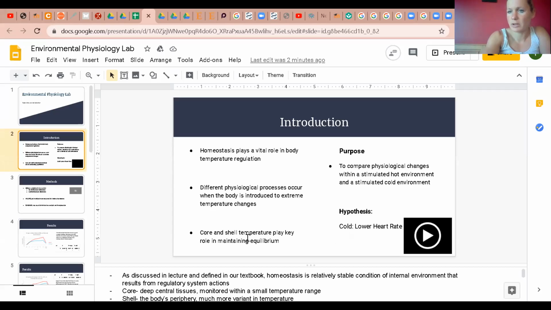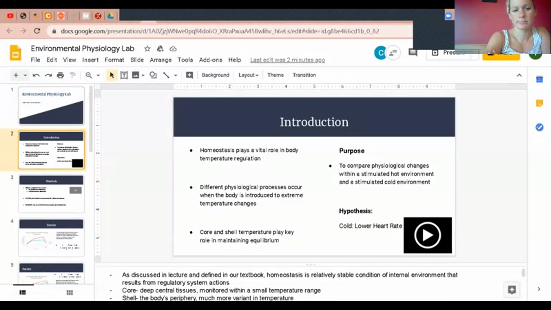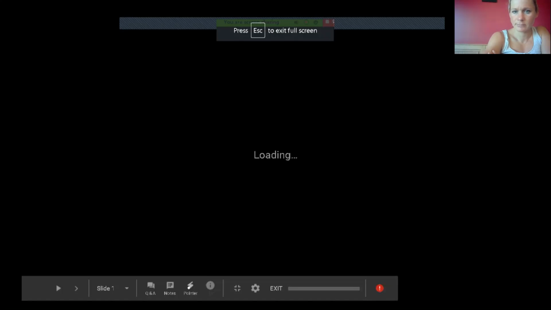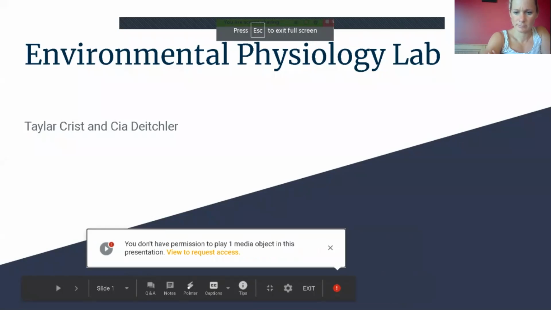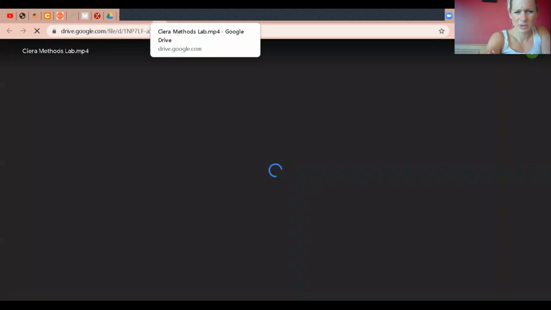There's like a spot where you can check mark share computer audio. Okay. Let's try that. Or you have to request that for each slide.